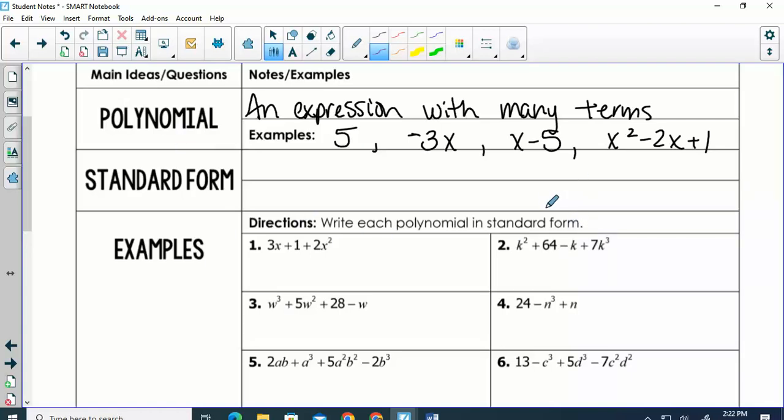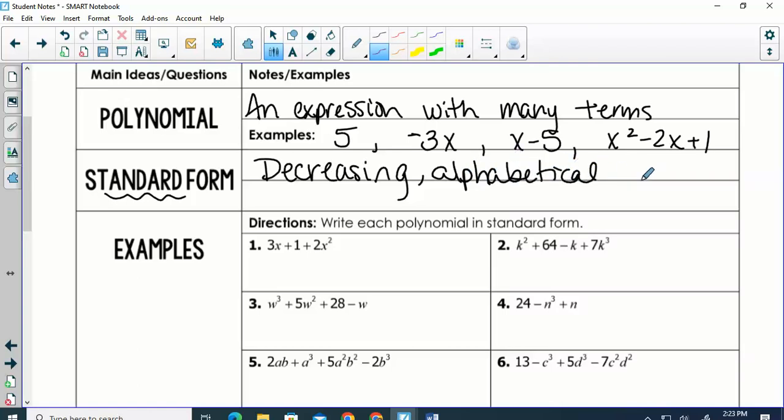Technically, order doesn't matter, but if we say it has to be in standard form, then there is a particular order we have to follow. So standard form is in decreasing alphabetical order.